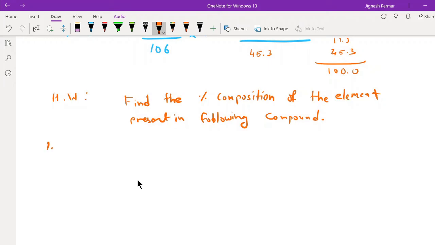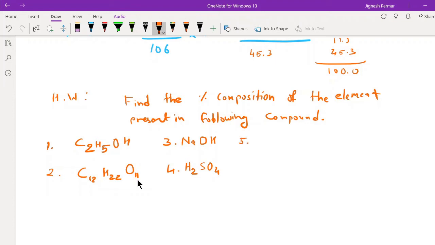Okay, number one, I'm going to write C2H5OH. Then number two, C12H22O11. Number three, NaOH. Number four, H2SO4.